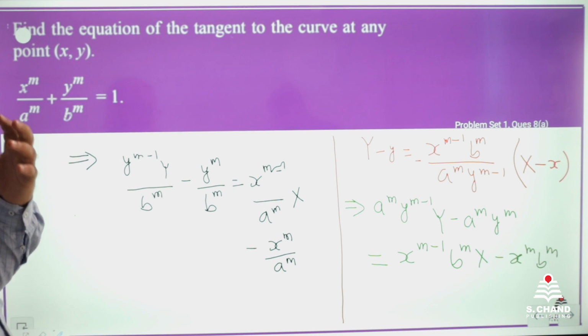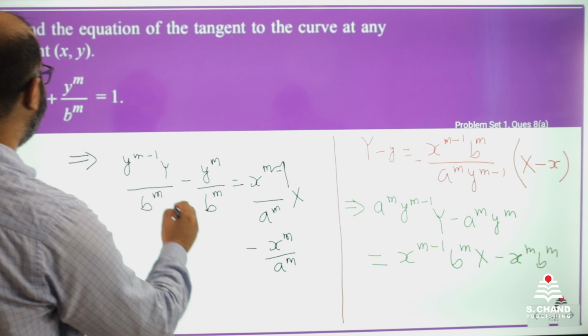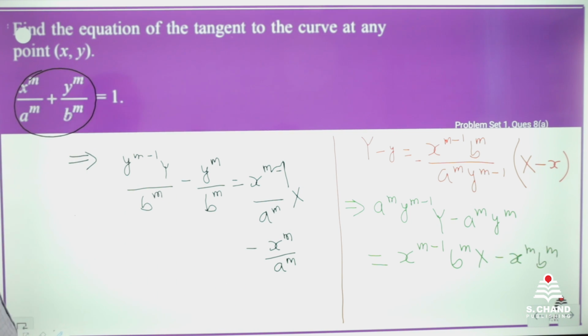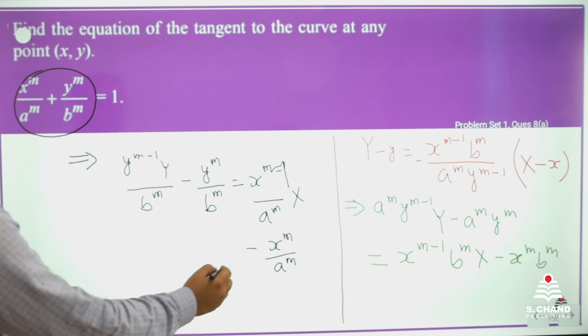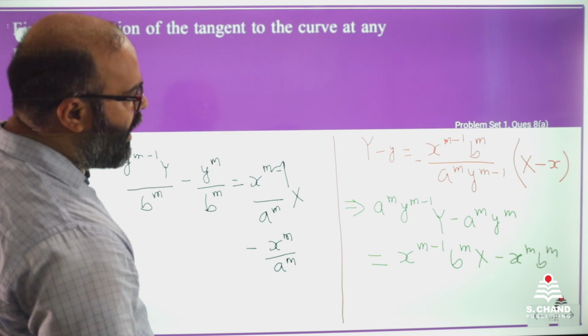So this is what we are getting here. Now after getting this, you know that x to the power m by a to the power m plus y to the power m by b to the power m is equal to 1. So when you see this, what will happen?